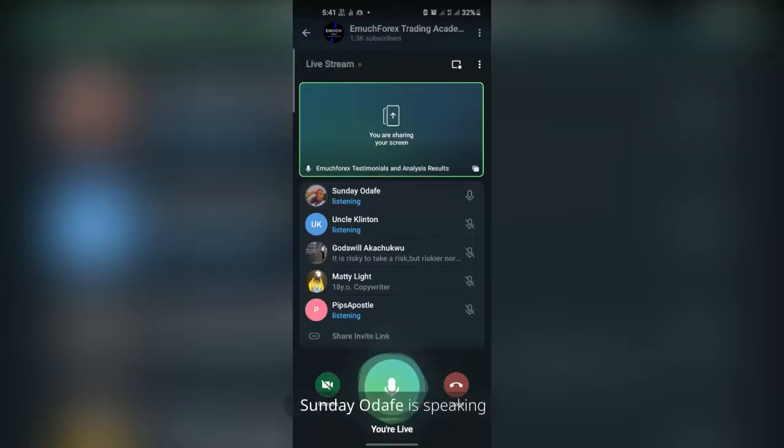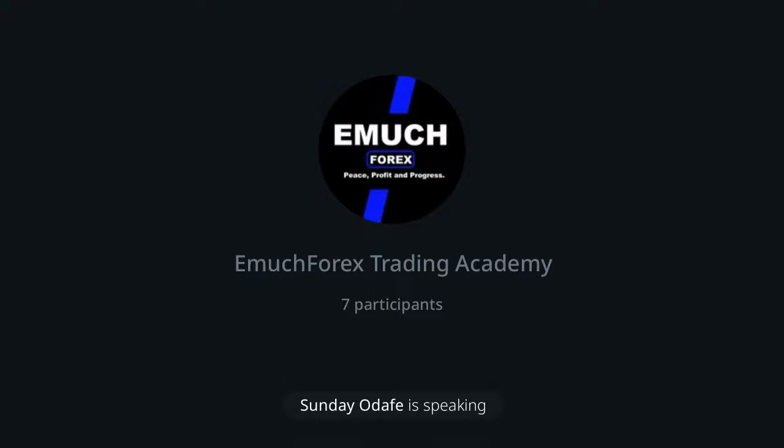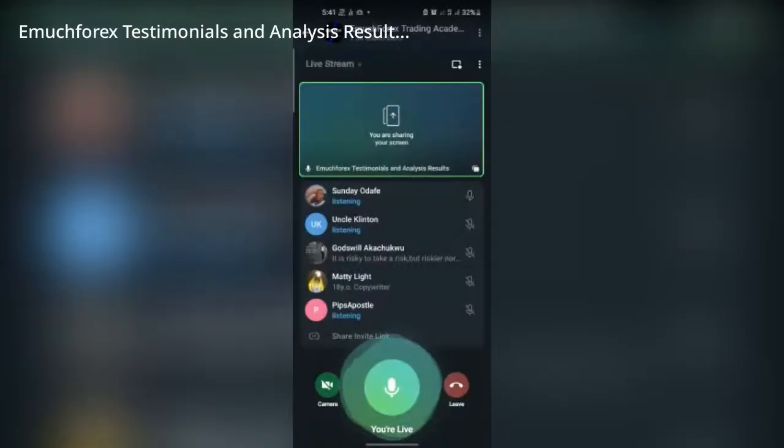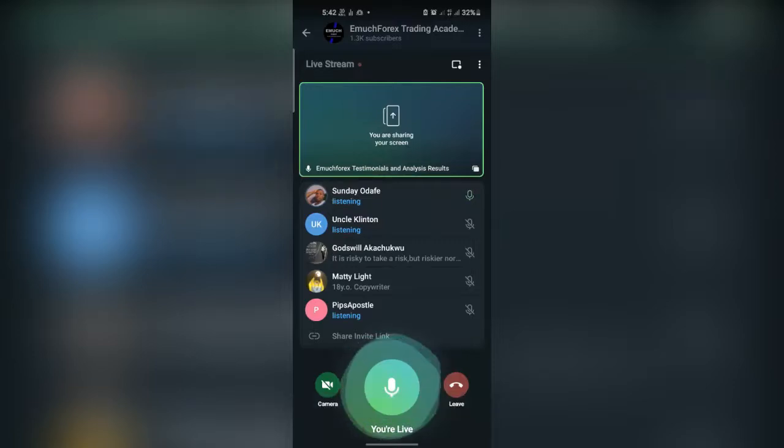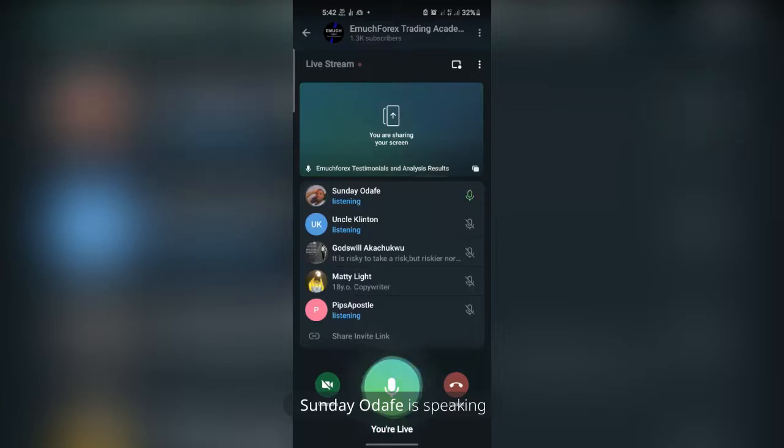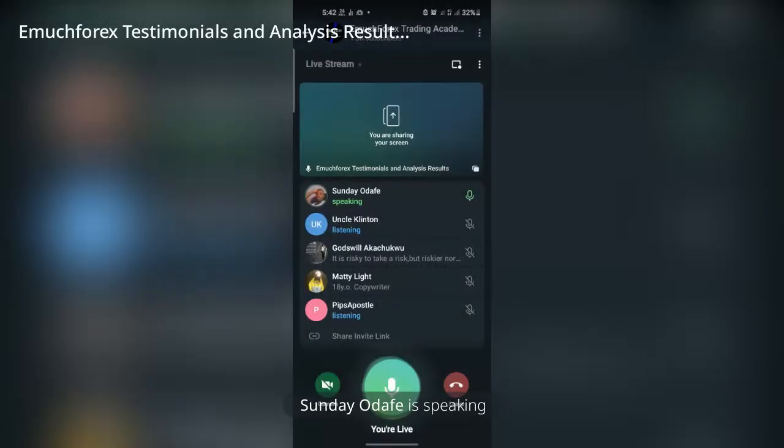So trading off a 30 minutes time frame can be more risky than trading on a 5 minutes time frame. So that's the answer to your question. Okay, so you are saying at least the best time for confirmation for these entries is 15 or 5 minutes time frame.